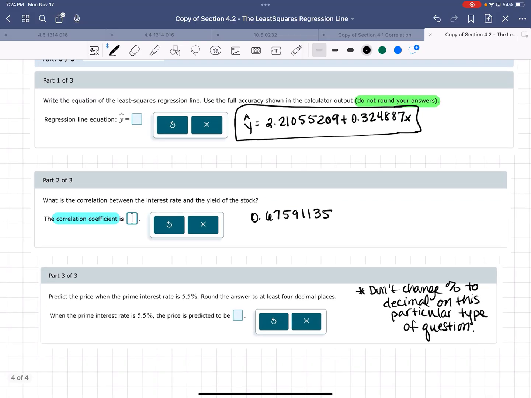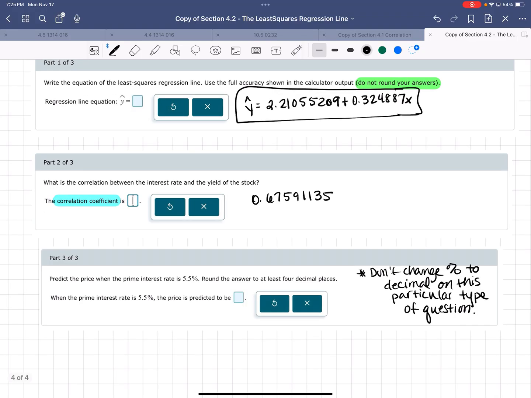Okay, so if we want to predict the price, we're going to take our big long y equals 2.21 blah blah blah, and we're going to put 5.5 in for x. Okay, so I'm going to write it. You start typing it in the calculator.